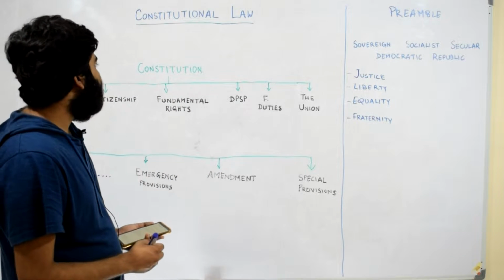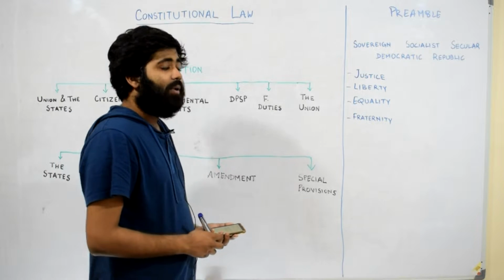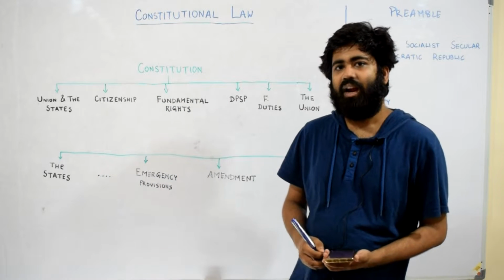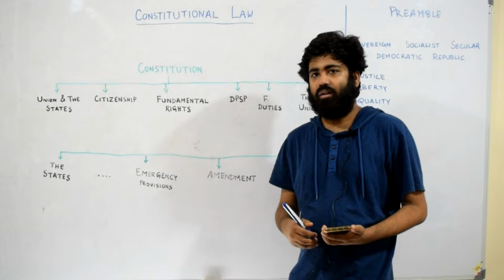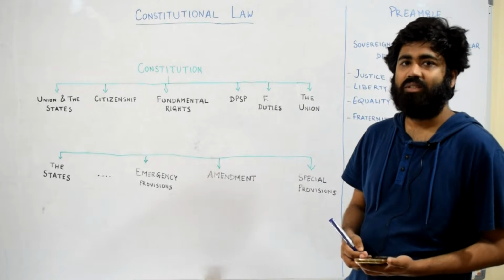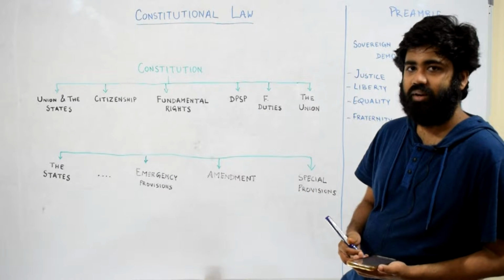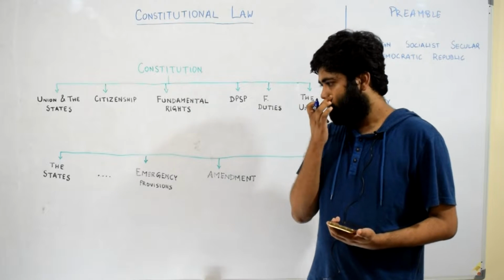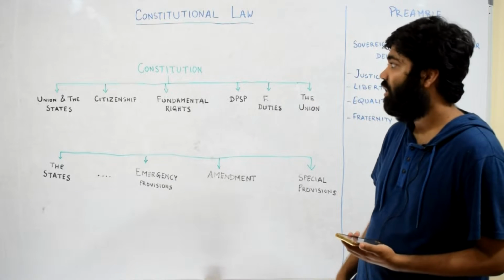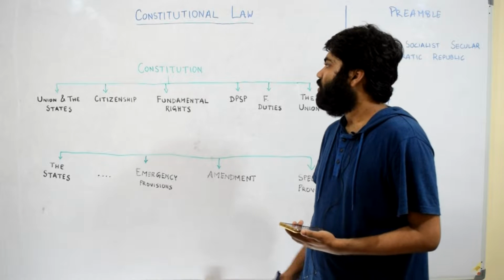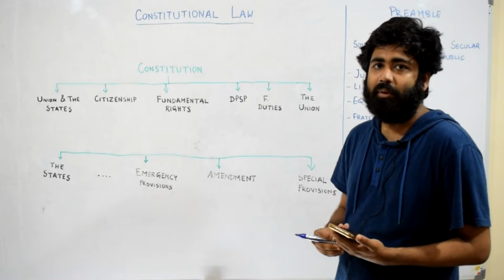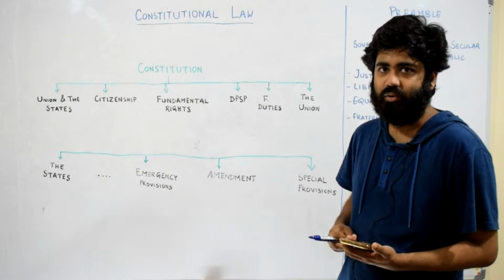The Constitution of India was made by the Constituent Assembly between 1946 and 49 and was brought into operation from 26th of January 1950. Now these are the dates you already know, so let's come straight to the point. So the Constitution as a document is divided into multiple parts and schedules.